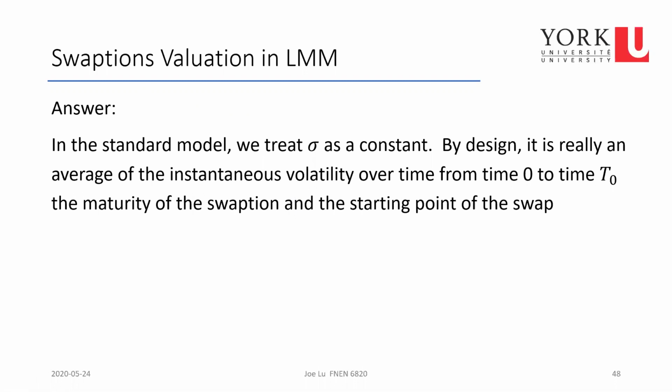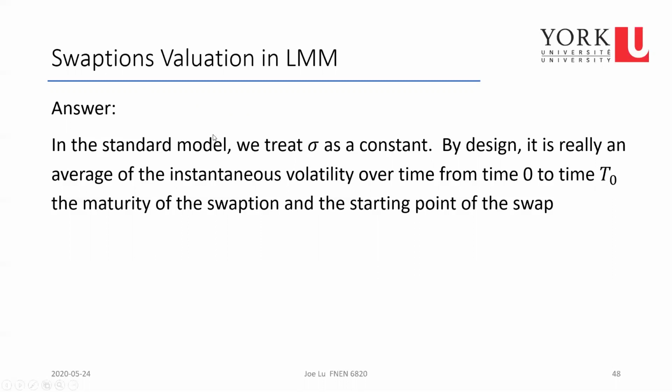We don't have to assume it to be literally a constant. Instead, what we really need is this being an average. As long as this is an average, the standard model will work. So this is what we're exploring here. We relax that a little bit.